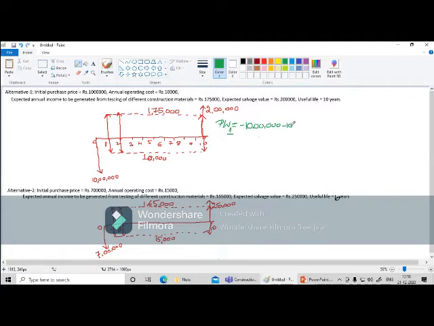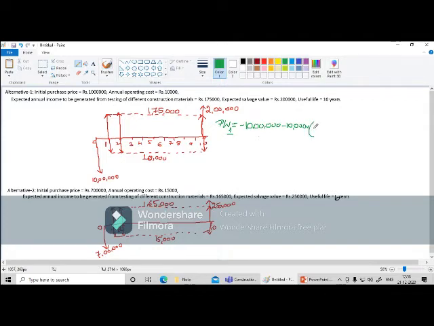operation and maintenance cost of 10,000. See, this operation and maintenance cost, how is it? It has been distributed annually, so it is already in annual worth. What we require is present worth. So this 10,000, which is in annual worth, I need to convert to present worth.